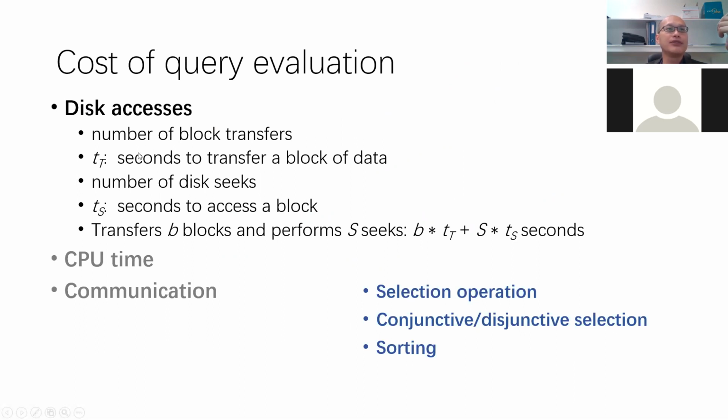This will be based on the number of block transfers, the time it takes to transfer a block of data, the number of disks, and also the time it takes to access a block. So if you want to transfer B blocks and access S blocks, it will be B times T base T plus S times T base S. This is the framework that we work on.